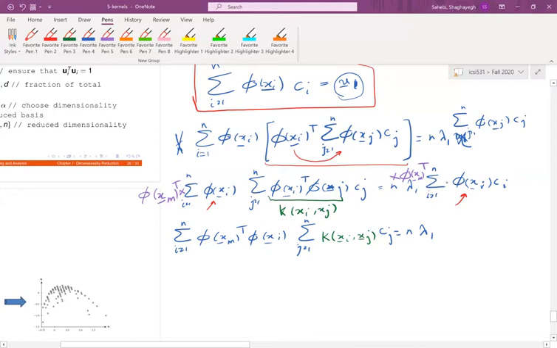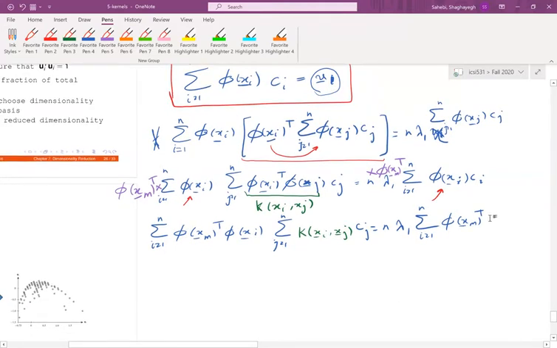Again, I can move phi of xm inside the sigma here: sigma i equals 1 to n, phi of xm, phi of xi, ci, right?